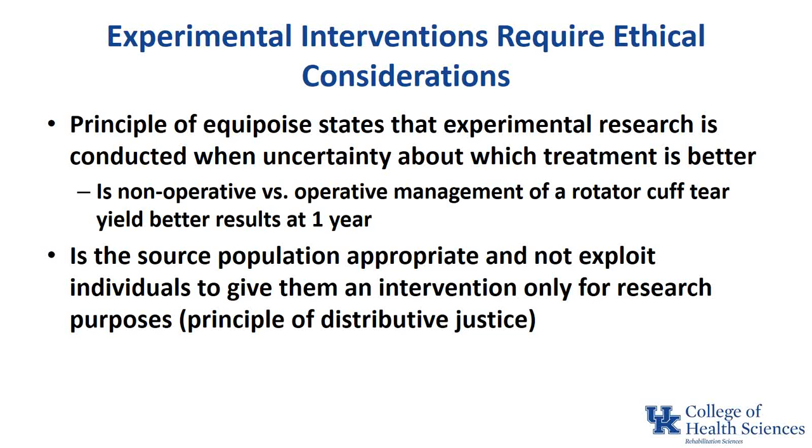And so that's the kind of idea that you have to be clear in your mind as you're setting this up. Is this something that really needs to be investigated, not just because I want to do it or I think it's a cool idea? Is the source population appropriate? You don't want to use people that might be disadvantaged or coerced into doing this.